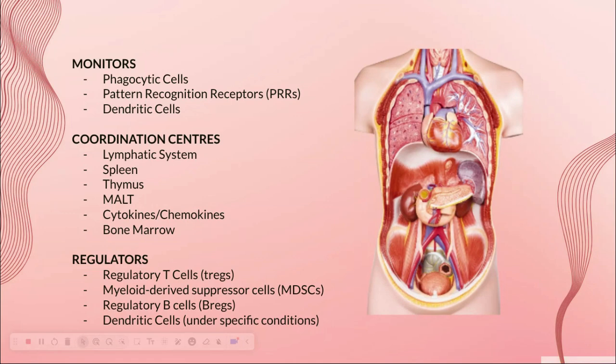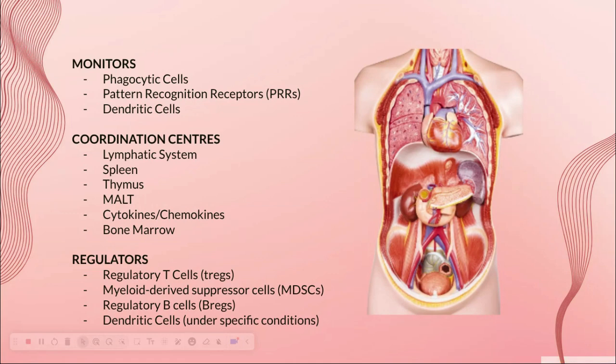At the mucosal surfaces, the MALT, mucosa-associated lymphoid tissue, including structures like Peyer's patches in the gut and tonsils in the throat, serves as a local defense hub, coordinating immune responses to inhaled or ingested pathogens.